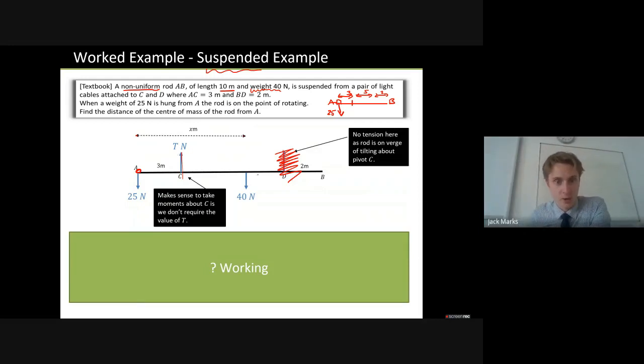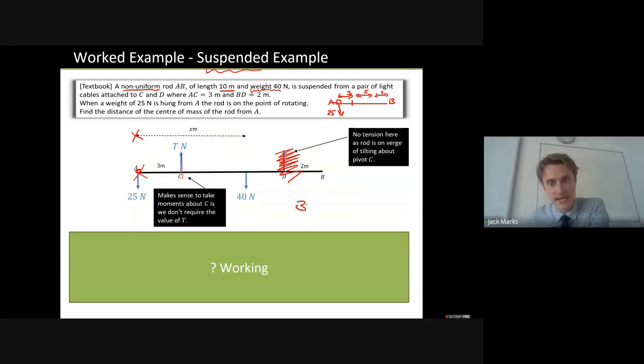And look, we've now got a question, haven't we? Find the distance from A. Well, if you're talking about from A, you could do moments at A. So if you're from the end here, you can ignore that.